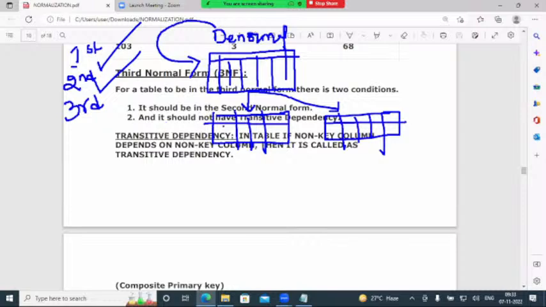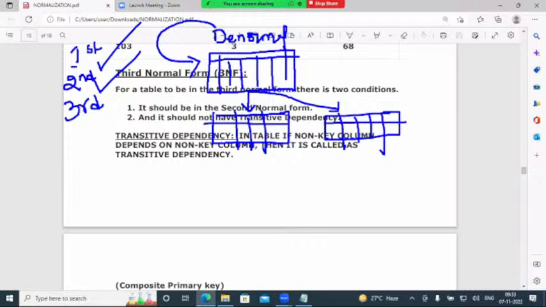Second normal form is already satisfied, so I check the second condition: is there any transitive dependency in this table or not?